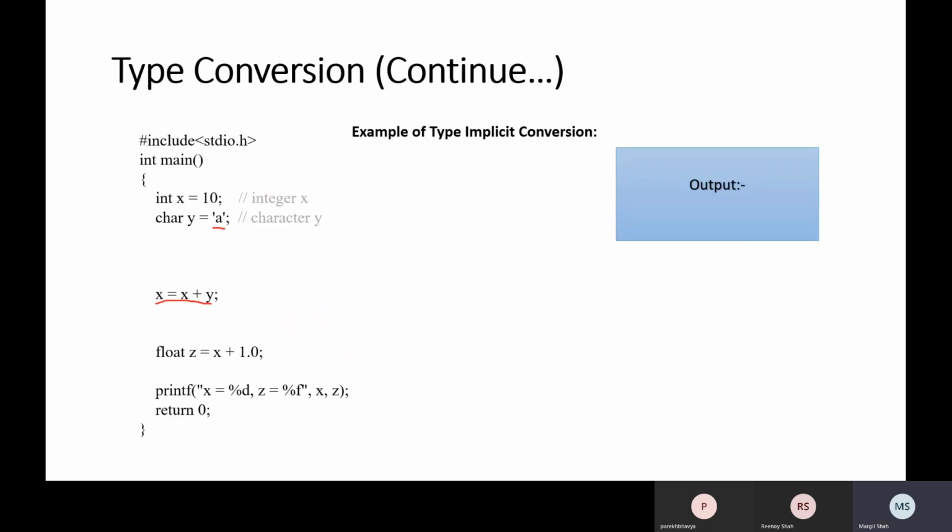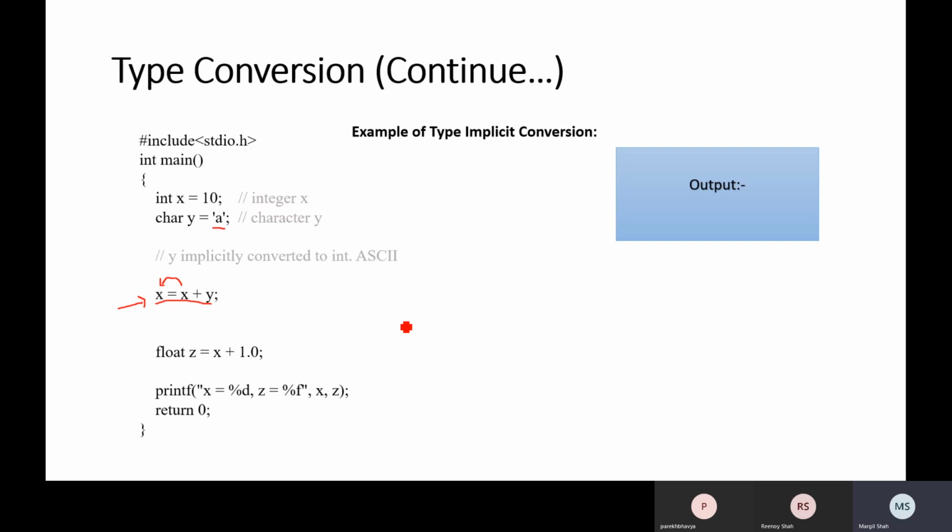So y will be converted to integer, and now remember this very carefully: whatever result we have is always converted to the type of the variable it is assigned to with the assignment operator. So whatever the data type of x, the result will be converted to that type.